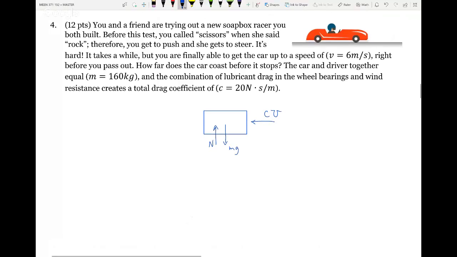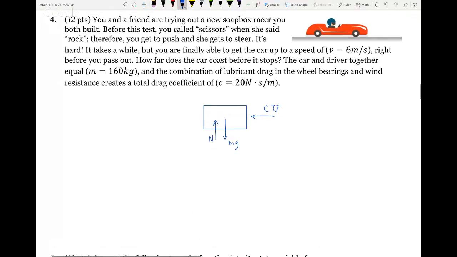And so we can do our equation, right? We'll say mass times v dot is going to be, in this case, all the forces, negative CV, and that's it. The normal force and the gravitational force cancel each other out.